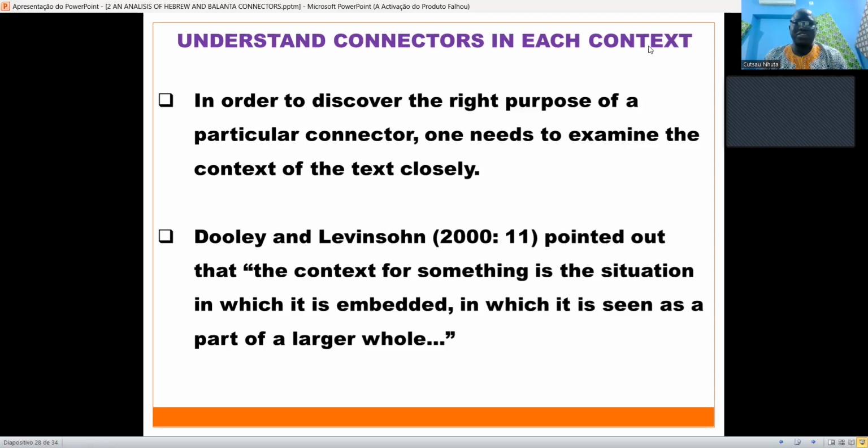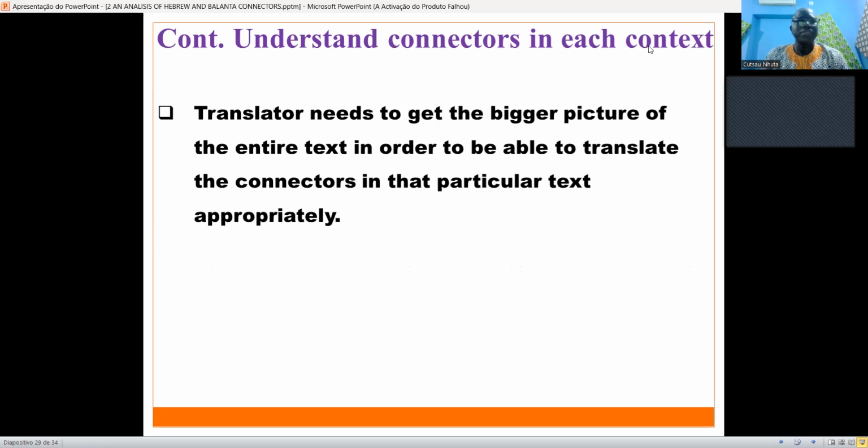Dooley and Levinsohn pointed out that the context for something is the situation in which it is embedded, in which it is seen as a part of a larger whole. Translators need to get the bigger picture of the entire text in order to be able to translate the connectors in that particular text appropriately.